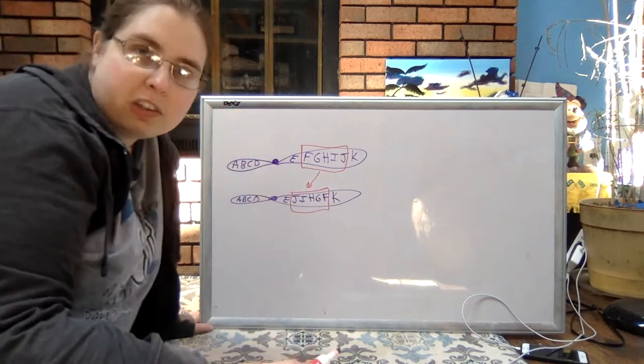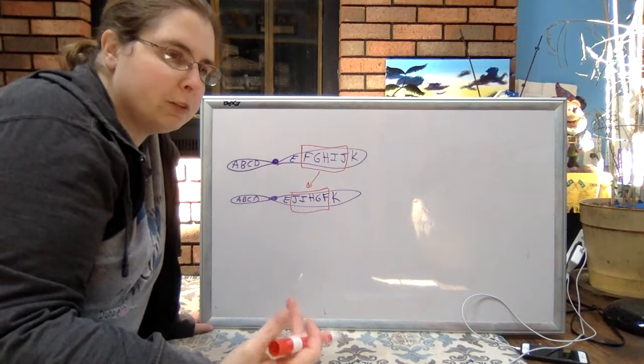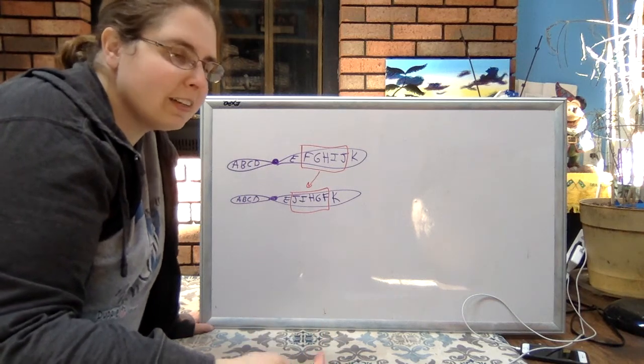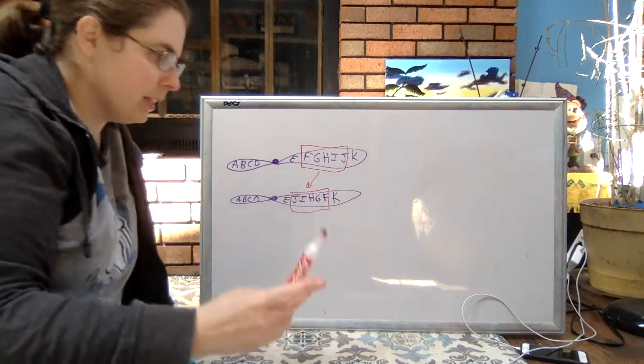So now the genes are all out of order, so that could affect when they get expressed, if they get expressed, any number of things.